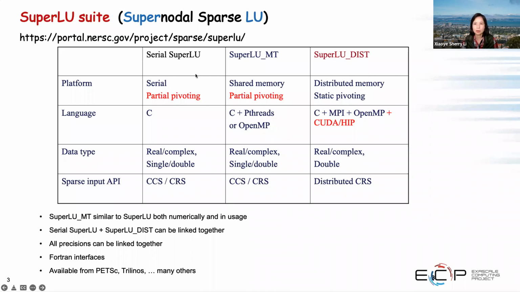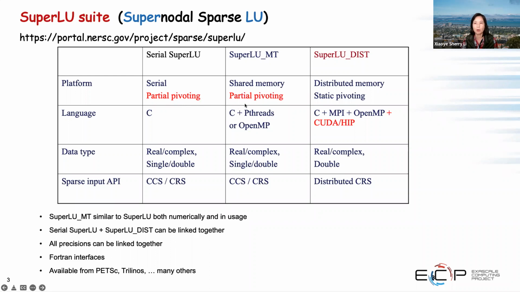It started serial, then gradually moved to shared memory in those days, and then became distributed memory. I want to just highlight the differences between these three libraries. The serial and shared memory versions are relatively easy to implement. I would say relatively easy, since it's never easy for a sparse direct solver. So we can actually do partial pivoting, and I will show you in the algorithm session what the difference is.